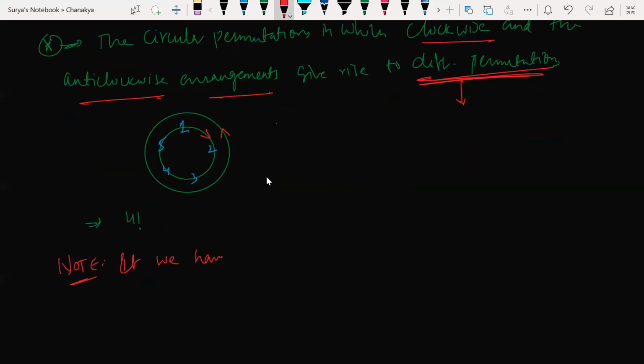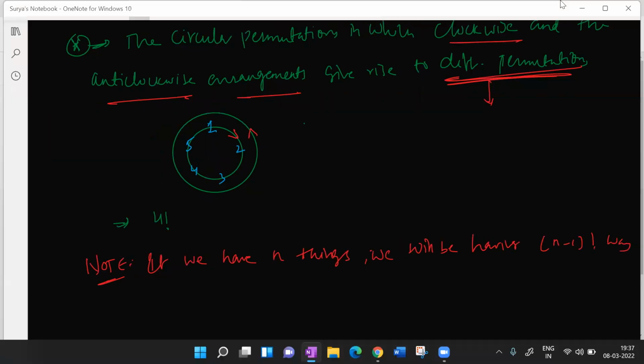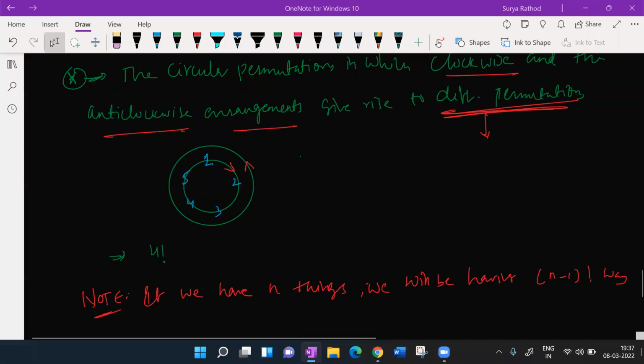If we have n things, we can arrange them in n minus 1 factorial ways. N minus 1 factorial ways. Getting my point?